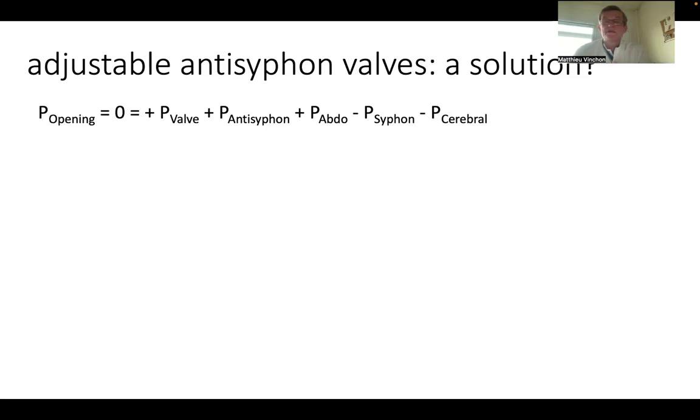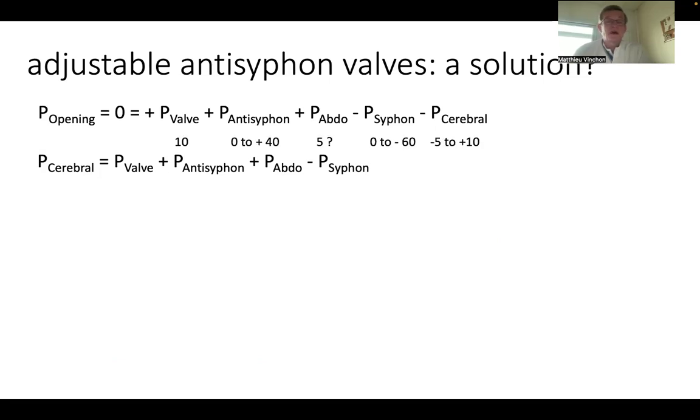It is the sum of all these factors which amounts to the opening pressure, which is the zero of the valve. But that means that the intracranial pressure is equal to the opening pressure of the valve, plus the anti-siphon, plus the abdominal pressure, minus the siphon effect.